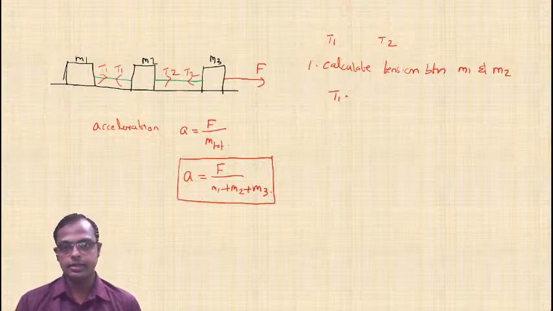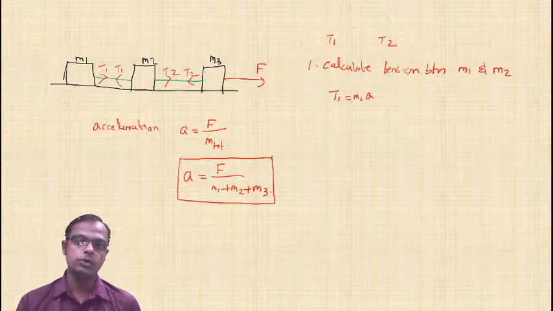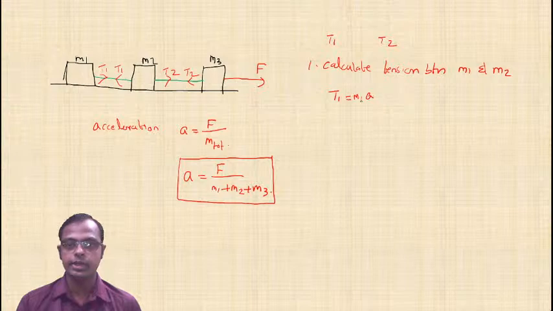So we can write that tension T1 is equal to the mass of the body that accelerates, M1, times the acceleration A. So the basic formula for T1 is T1 equals M1 times A, same as F equals MA. So M1 is accelerating because of the tension T1. Now the common acceleration we have already calculated.